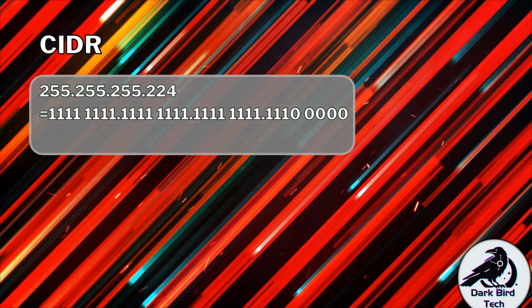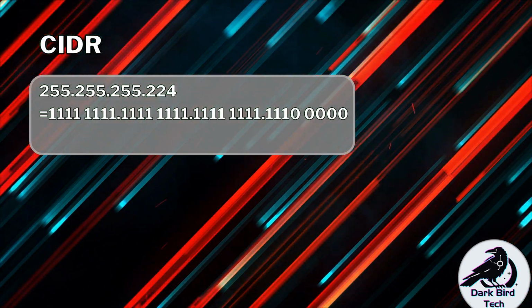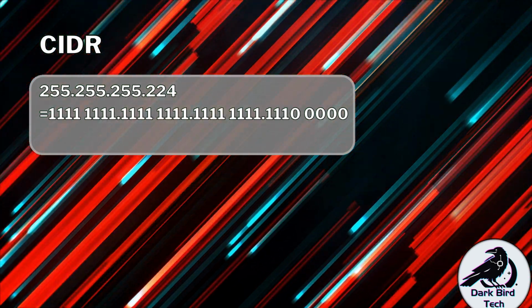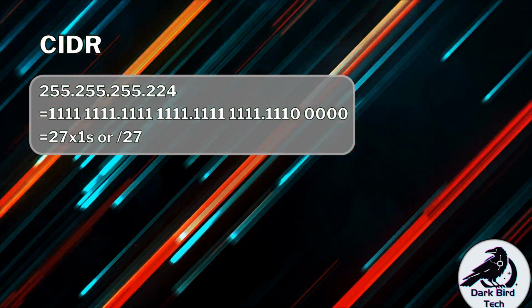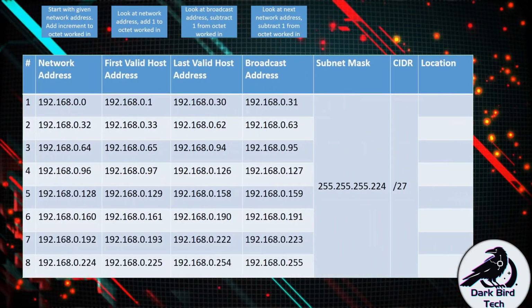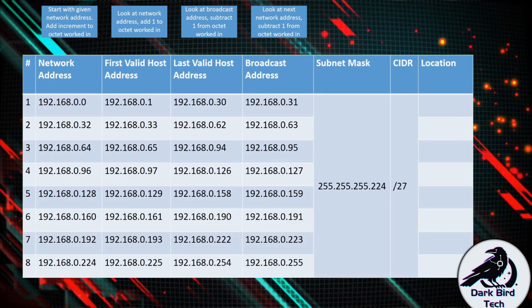The second octet gives us 16 ones. The third octet gives us 24. And then we've got another 3 in the fourth octet, which gives me 27 binary ones, or /27. So I can write my CIDR notation for these networks as /27. Cool. Either number is going to work fine.